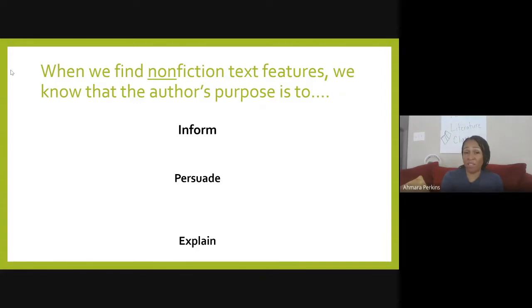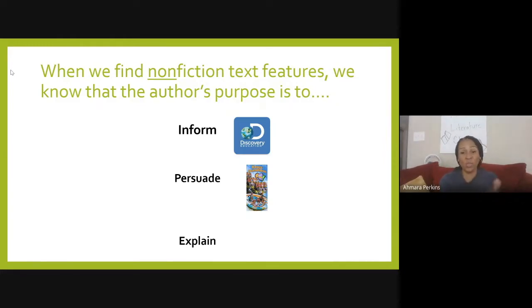It's either to inform, provide us with information like you would find in your textbook, to persuade us to do something like you may see in a brochure where they're trying to get us to go somewhere, or to explain, telling us how to do something, and you'd find that in directions or a cookbook.